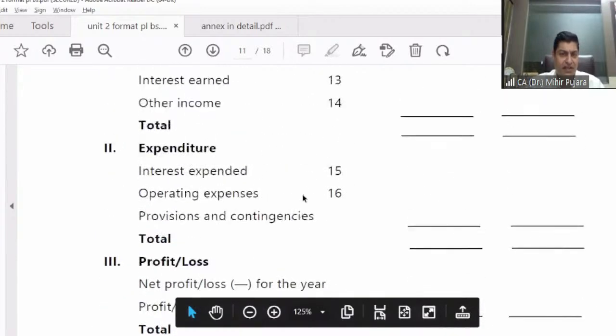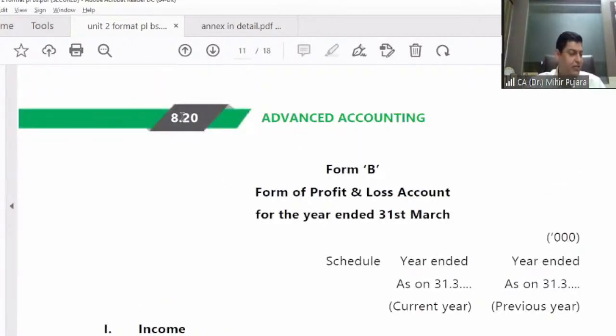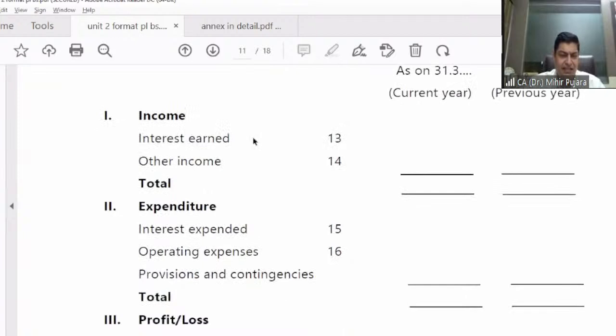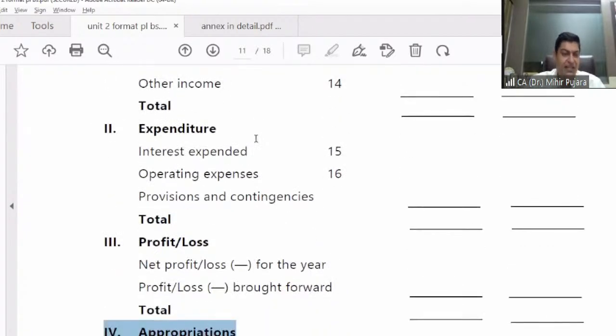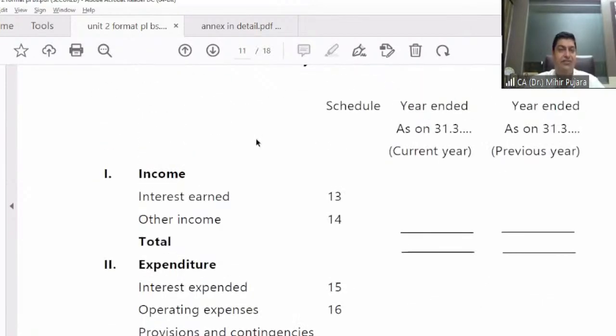This is on our page number 8.20, guys. It is Form B, profit and loss account. 13 and 14 are income schedules, 15 and 16 are expense schedules, provisions come after 16, then profit and loss, and then appropriation.